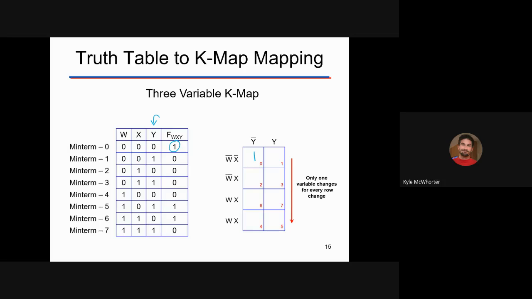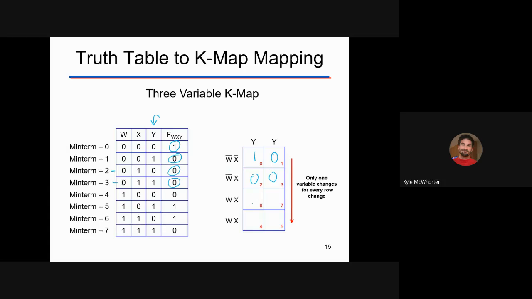So that is minterm 1 here, and our output is a 0. For this box, we're doing a 0, 1, 0. That is this row, and our output is a 0. Here we have 0, 1, 1. And that is this row, so our output is a 0.